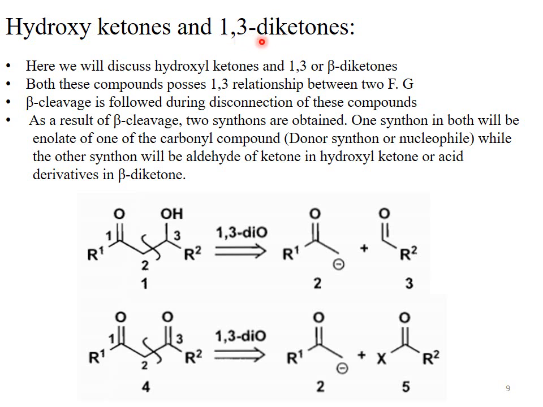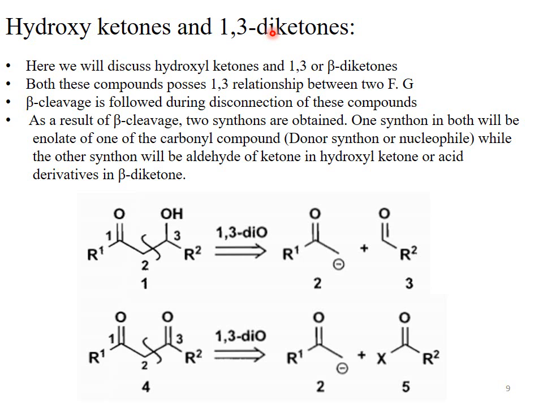The relationship between the two functional groups in these compounds is a 1,3 relationship. So we can say both these compounds are called 1,3 difunctionalized compounds. In this slide we will discuss hydroxyl ketones and 1,3 diketones, the beta diketones.